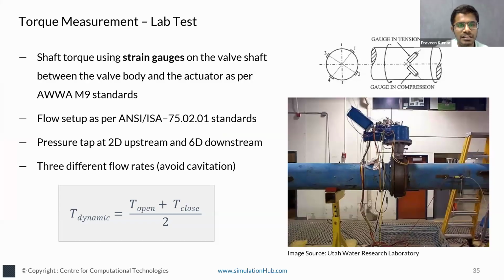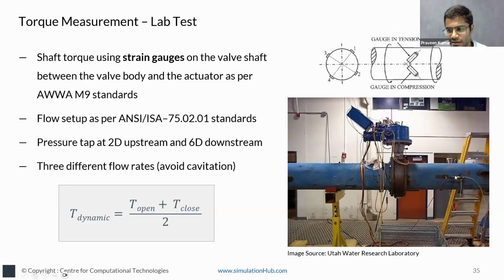Certified flow labs, like FCRI in Kerala, India, and Utah Water Research Laboratories, follow certain standards like ANSI ISA 75.02.01, which defines the length of upstream pipe and downstream pipe and how this experimental flow loop test should be conducted. It also defines where the pressure tapping should be, for example, 2 times the diameter upstream and 6 times the diameter downstream.